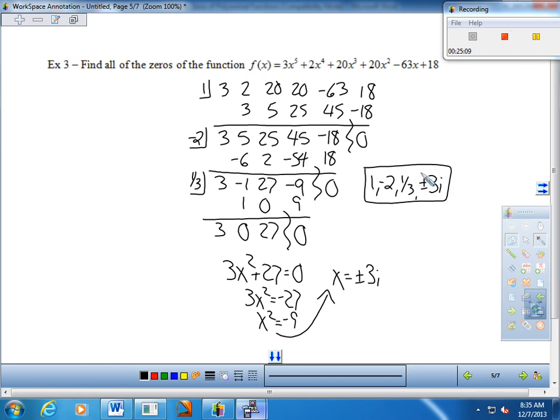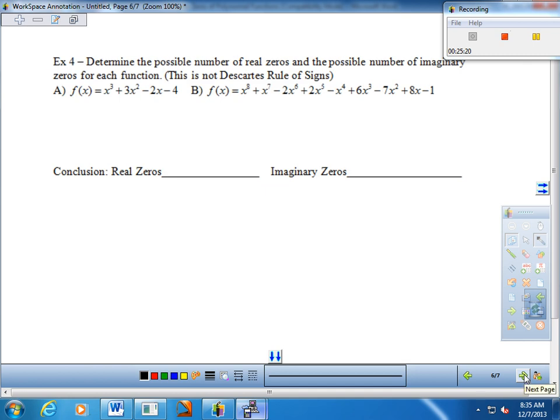All right, so example 3, very nice. Let's see if we can develop a couple other ideas here about zeros, just in very general terms with example 4. So it says, determine the possible number of real zeros and the possible number of imaginary zeros for each function. And notice what it says here, everybody. Let's just be clear about this piece. This is not Descartes' rule of signs.